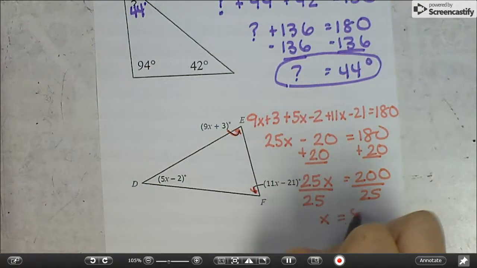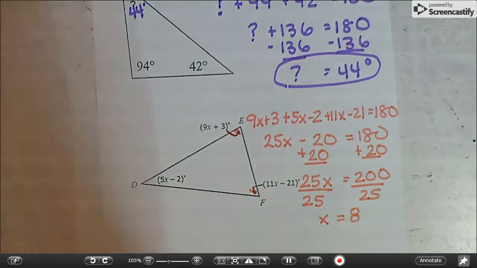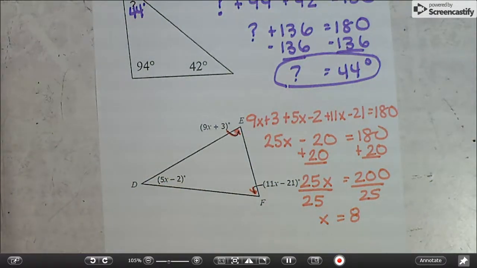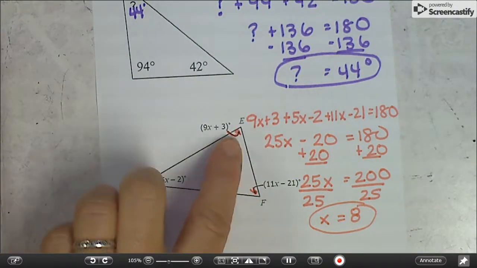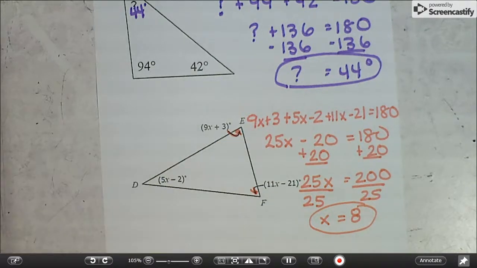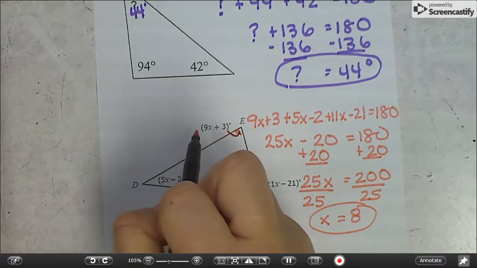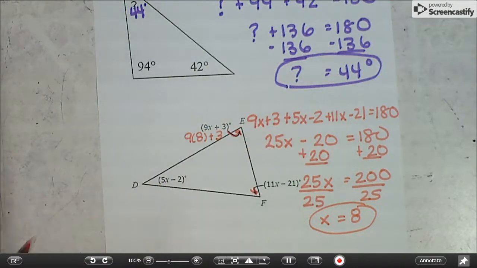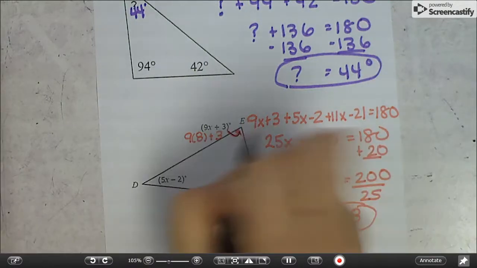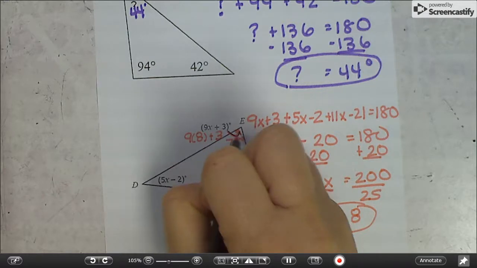So x equals 8. Now this one doesn't have instructions that just say solve for x. If it did, you would be done at this point. If we wanted to know the measure of angle E, then we would need to plug the 8 in. So you do 9 times 8 plus 3. So this angle is 75 degrees.